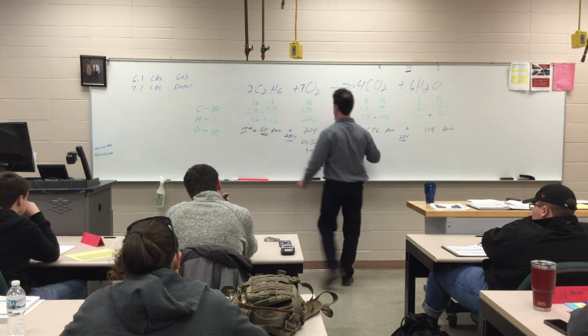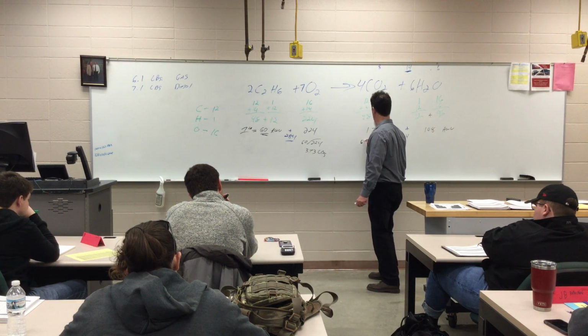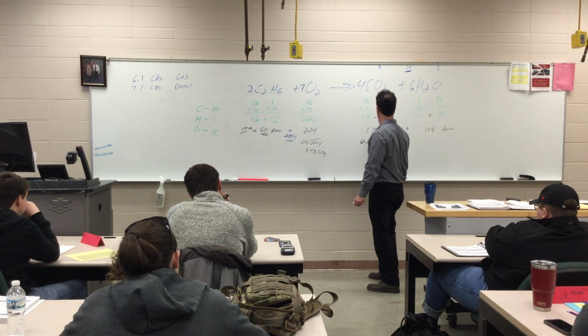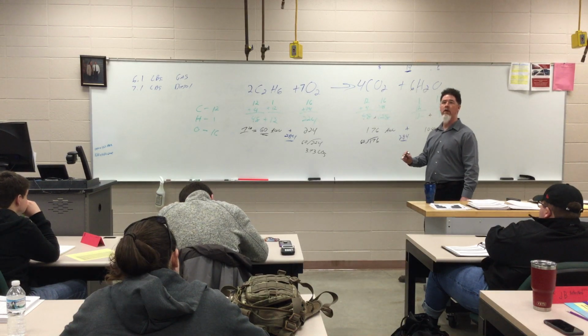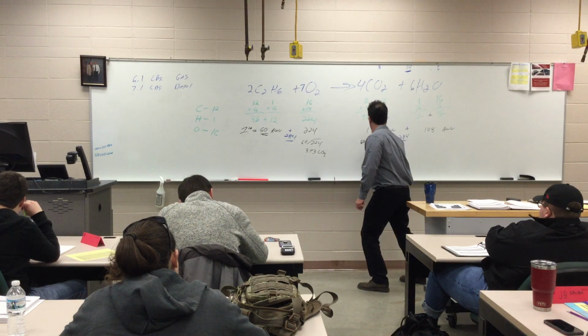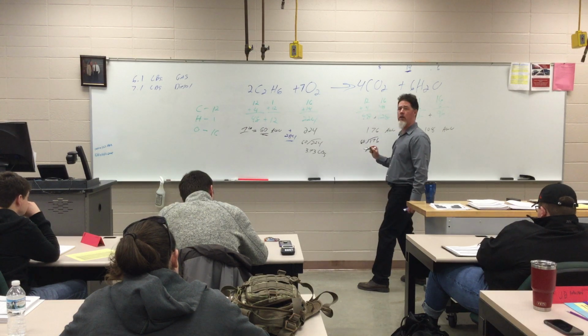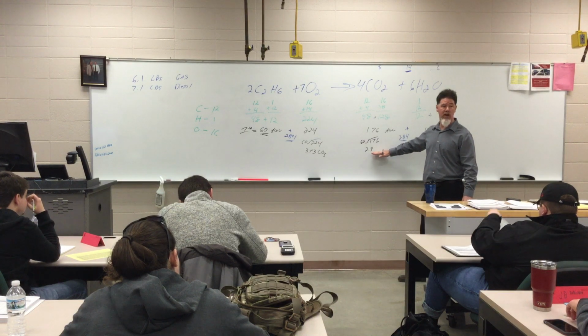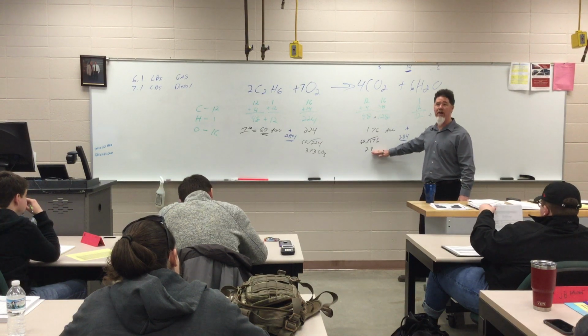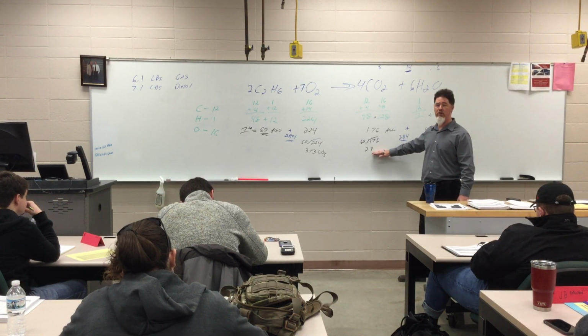I do the same thing with my CO2. So I take 60, which equals 1 pound, divided into 176. What's that number? It's going to be like 2.9 something. When we do this, I want you guys to go 2 spots past the decimal. So is it a 0?